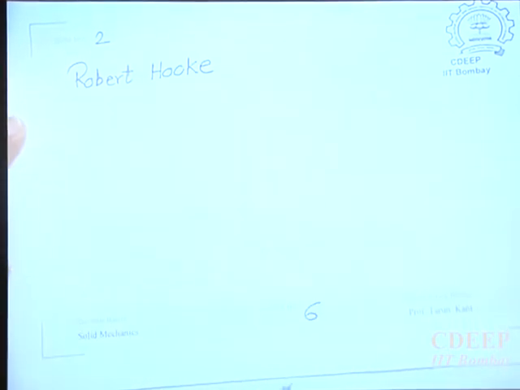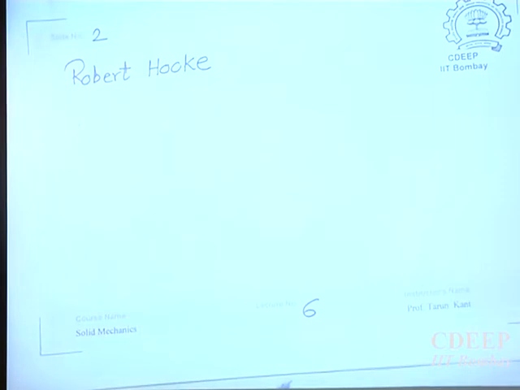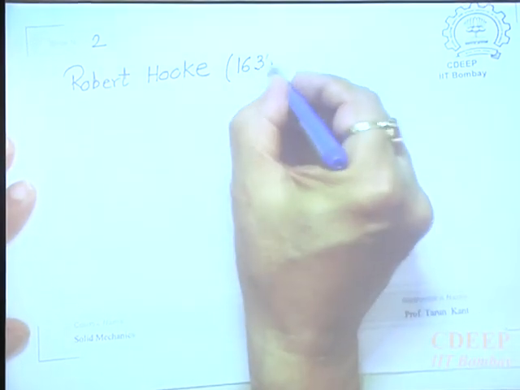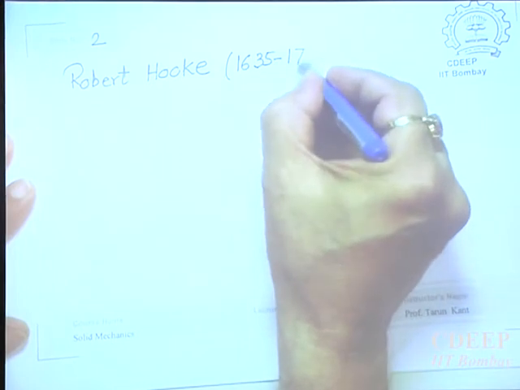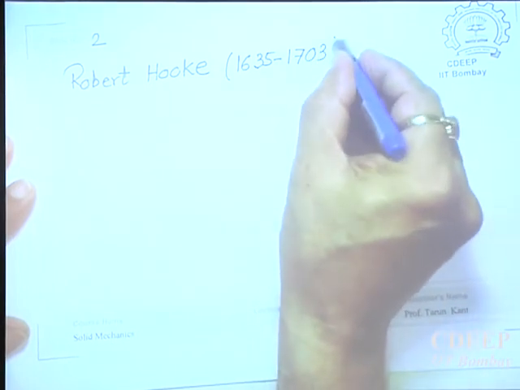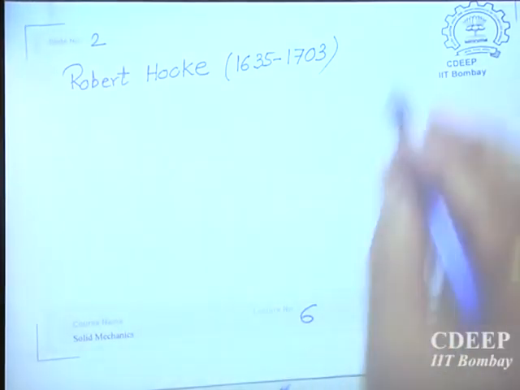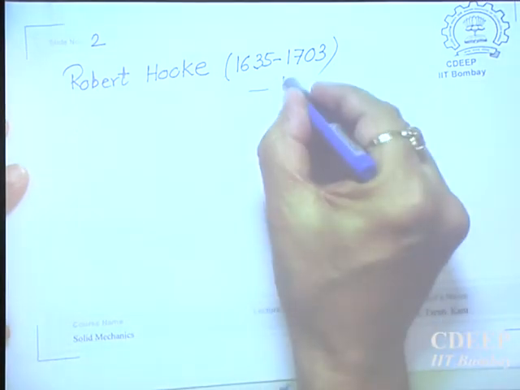His name was Robert Hooke and his life span was from 1635 to 1703. You can see the history of mechanics.